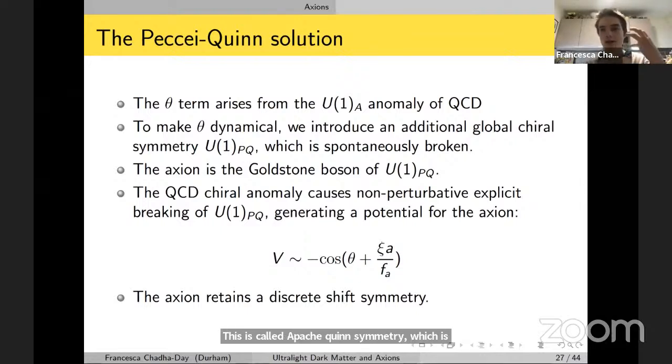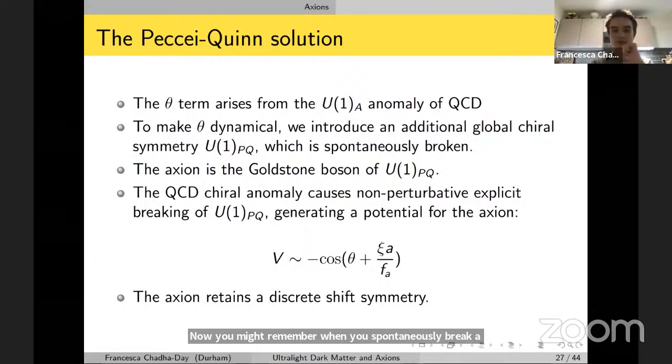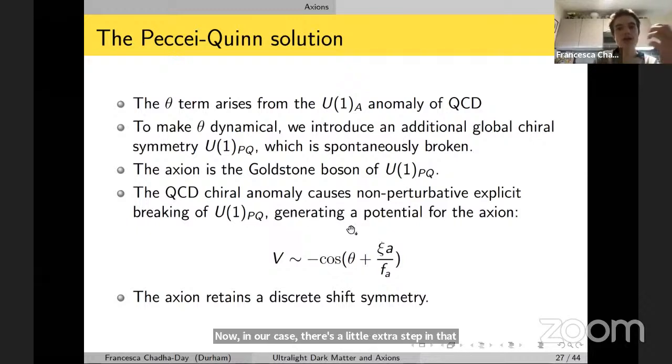Now, you might remember when you spontaneously break a symmetry, you get a Goldstone boson, which would be massless. In our case, there's a little extra step in that the QCD chiral anomaly causes a non-perturbative explicit breaking of the Peccei-Quinn symmetry. So it's been both spontaneously broken and explicitly broken.